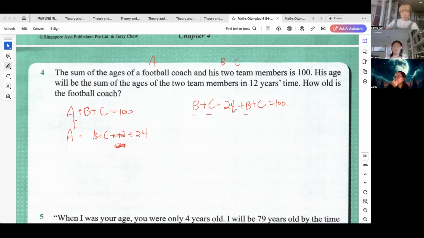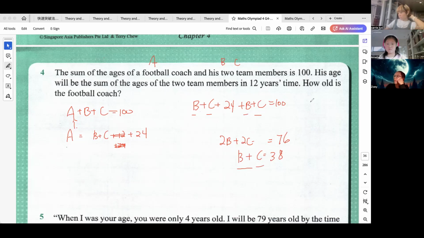So right now we have 2B plus 2C equals 76, correct, Amelia? So B plus C equals what? Is this 38? Okay, so if B plus C equals 38, how old is the football coach?